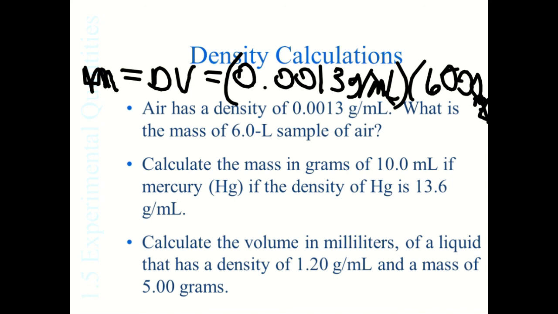Okay, calculate the mass again. Mass. So I need to be given what? Density and volume. Did you find them? They're in the question, right? It's easy. Calculate the volume in milliliters. What am I looking for? Volume. So what do I have to be given to find the volume?